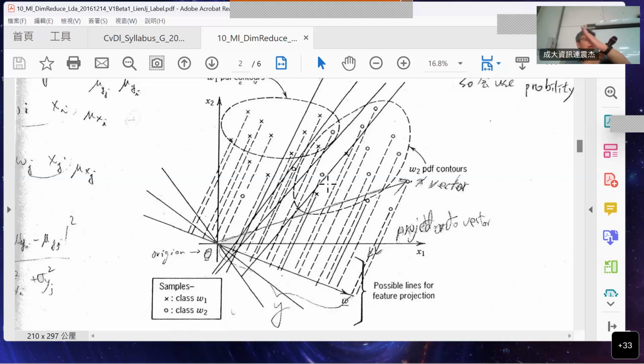And this L will do the translation along the W. 这物理意义是这样，这个 L 是会在这里上面移动，那旋转是受 W 控制。所以 this what we try to say is that all the 2D points will project to the W.